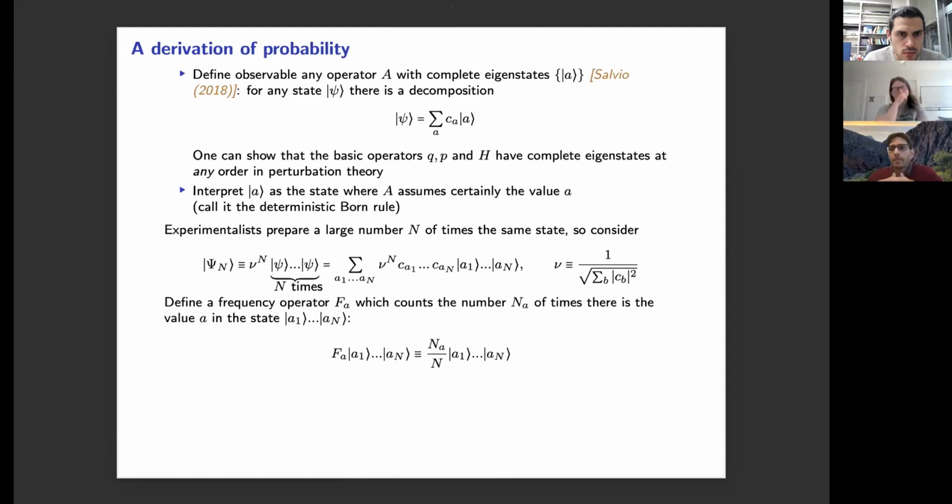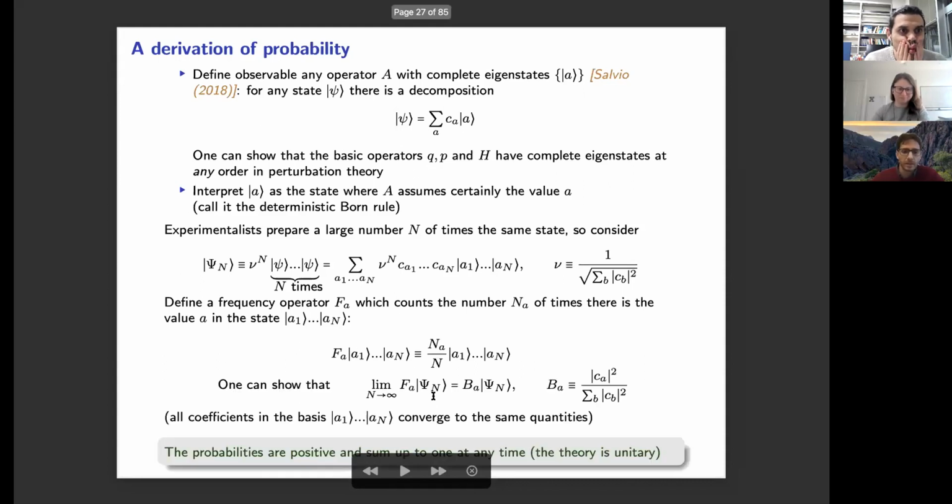And then we basically think as an experimentalist. So we prepare the system a large number of times. We define the state of the complete system as the direct product of the single states psi. And then we define a frequency operator, F_a, which counts the number N_a of times there is the value a in the state |a_1, ..., a_n> of the basis, which is defined therefore like this.